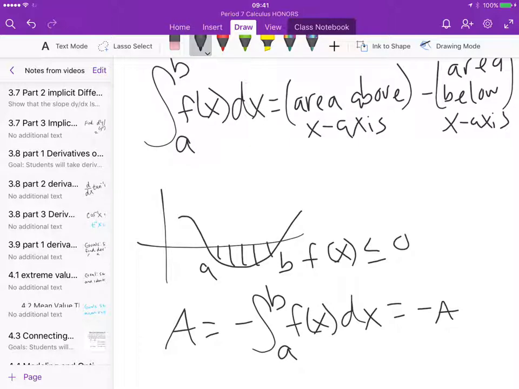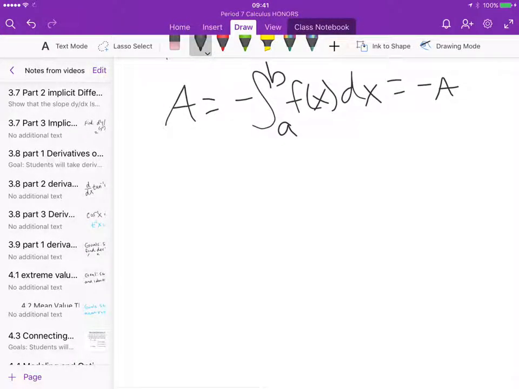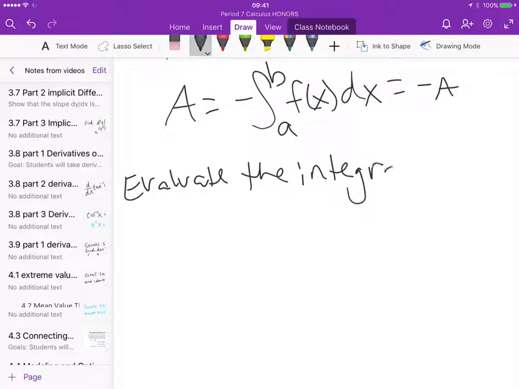So let's start off pretty basic, all right? Let's say, for instance, our goal is to evaluate the integral using areas. That's what our instructions are. Evaluate the integral using areas here.